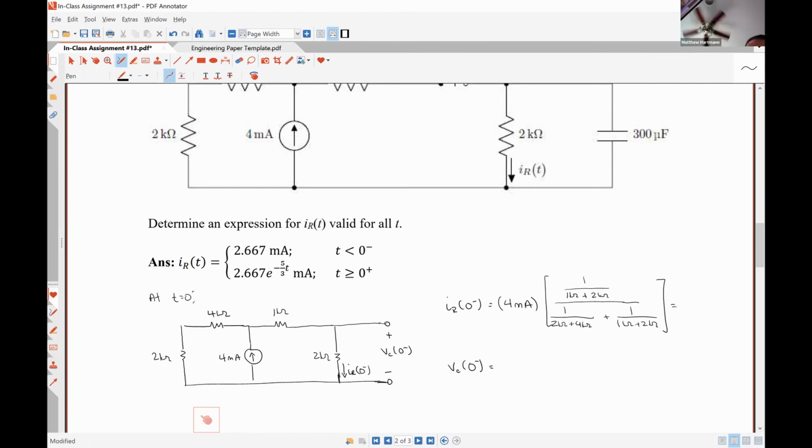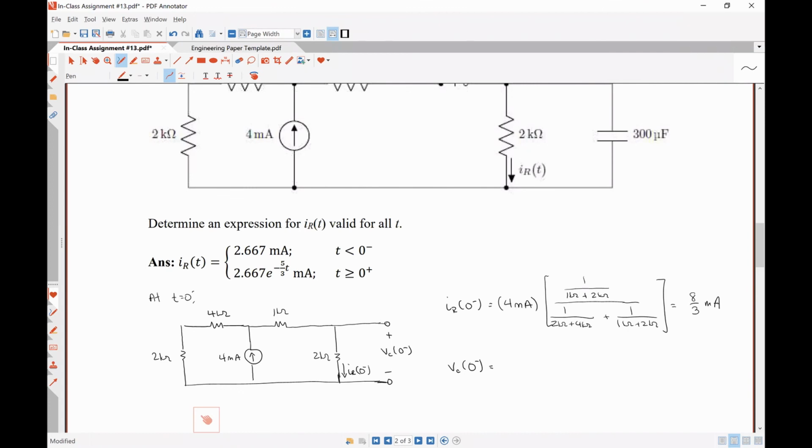So let me do some mental math here real quick. 2/3 of 4. So 8/3 of a milliamp. Anybody okay with that or can confirm it?